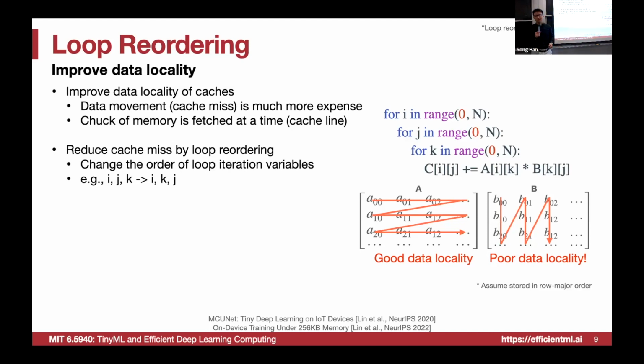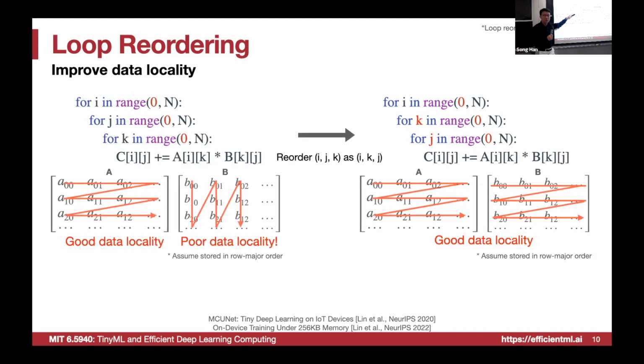Yeah, in a row-wise manner, right? So rather than this way, we're going to do B in this way. B is [k][j], and we do k first and j last.